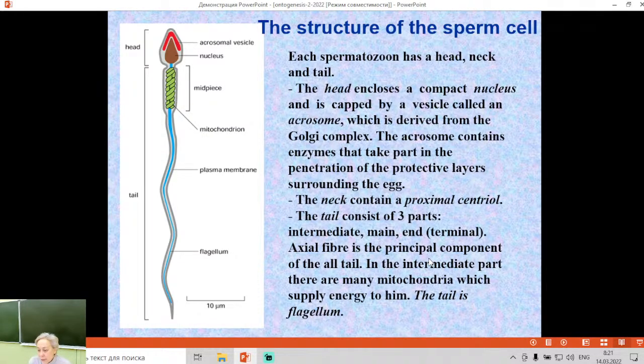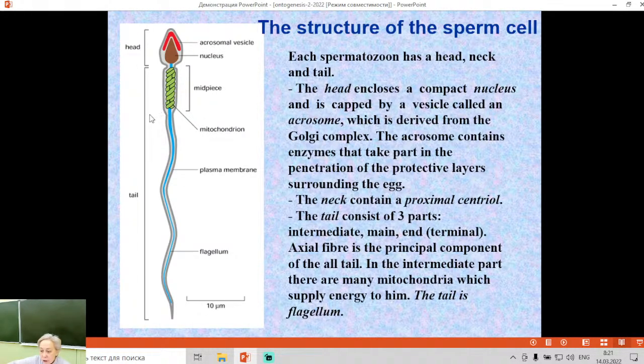Structure of the sperm cell. On this slide you see the structure of spermatozoa or a sperm. Each spermatozoon has a head, neck with this region, and tail.